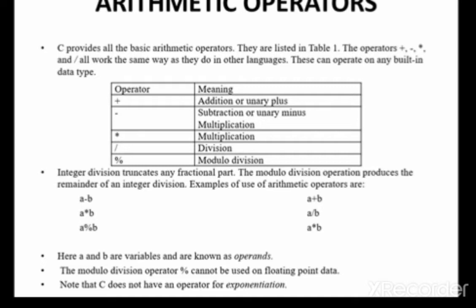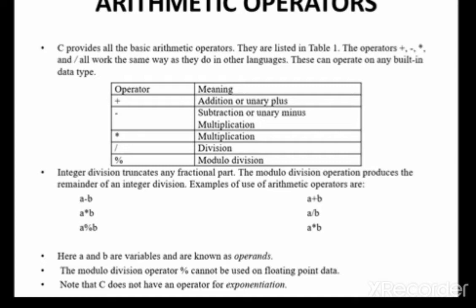Now suppose the value of A is 15, value of B is 2. What is the value of A divided by B? The value of A divided by B is 7. That is integer division, not 7.5, 7. Integer division it is.